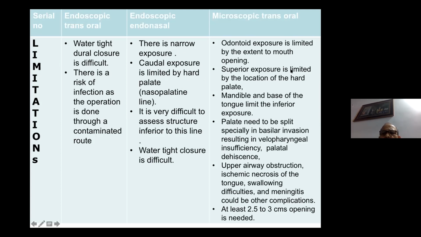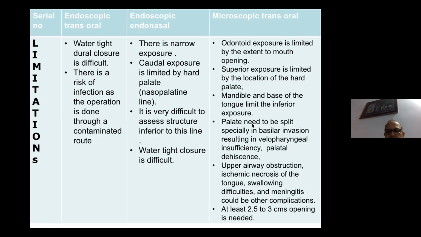Superior exposure is limited by hard palate, mandible, and the base of the tongue limits inferior exposure. Palate needs to be split when there is a basilar invasion, resulting in velopharyngeal insufficiency and palatal dehiscence, upper respiratory tract infection. But this is an issue.